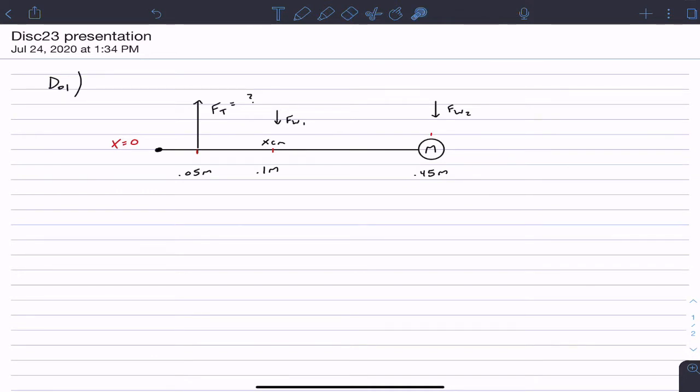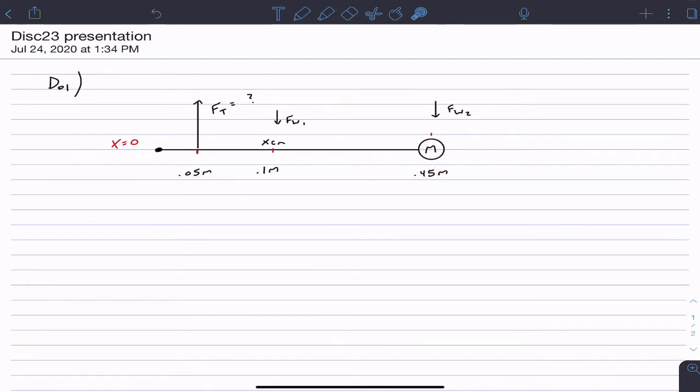There's a much better picture of it in your worksheet, but essentially we have the flexor muscle at 0.05 meters, 5 centimeters from the elbow, and then the center of mass is 0.15 meters, 15 centimeters from the elbow, and then you have 45 centimeters out.